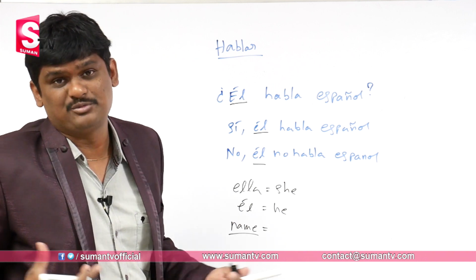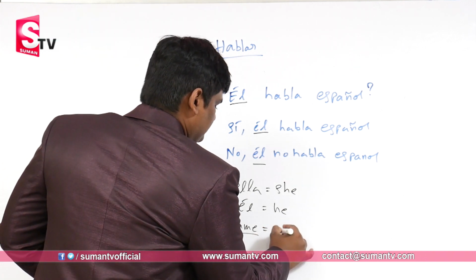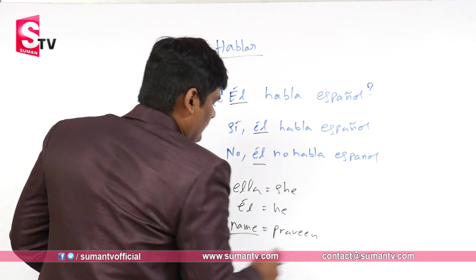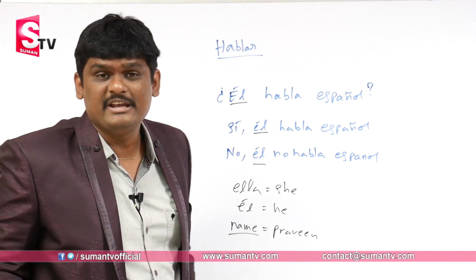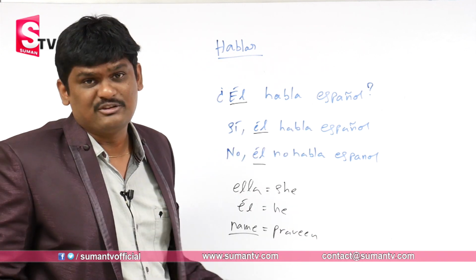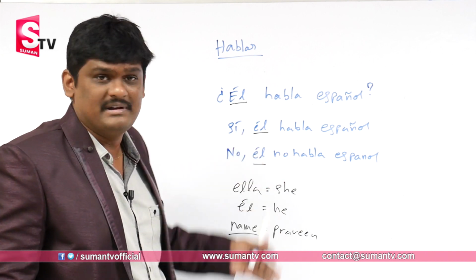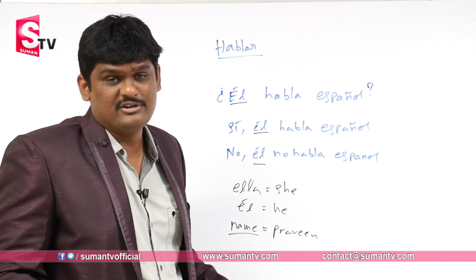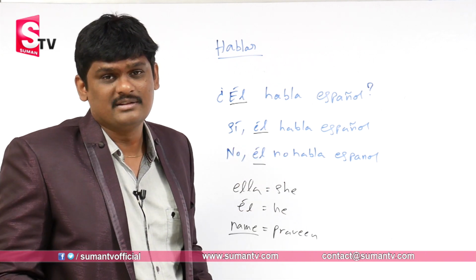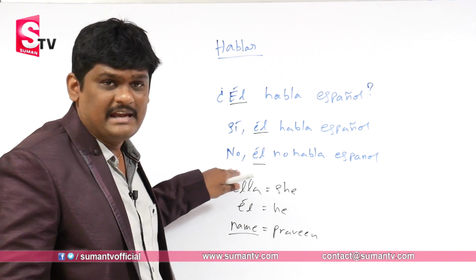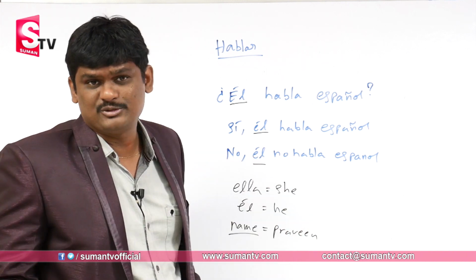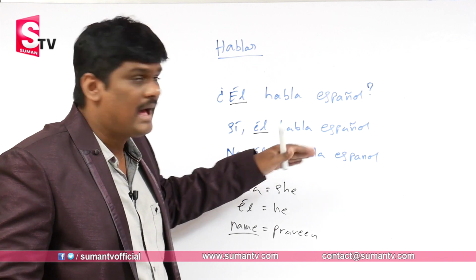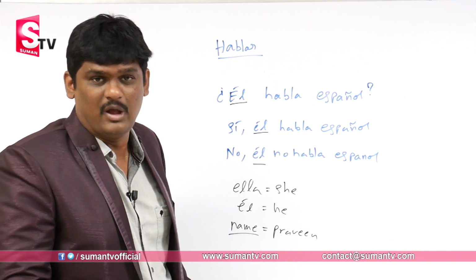For example, my name is Praveen. Does Praveen speak Spanish? ¿Praveen habla español? Sí, Praveen habla español. Yes, Praveen speaks Spanish. In the negative, no, Praveen doesn't speak Spanish. No, Praveen no habla español. Okay?